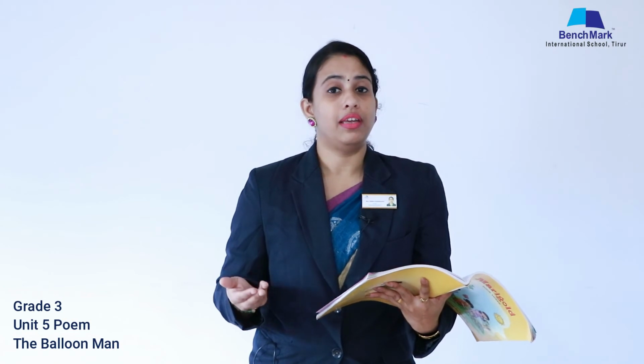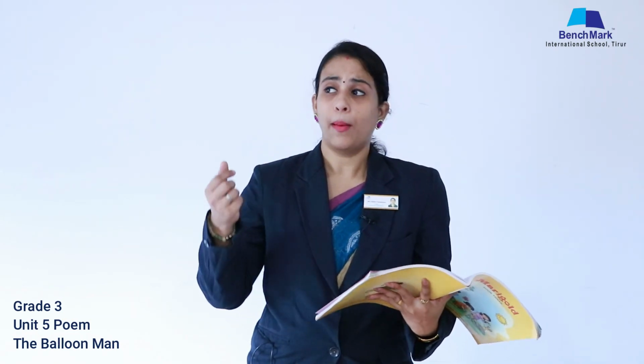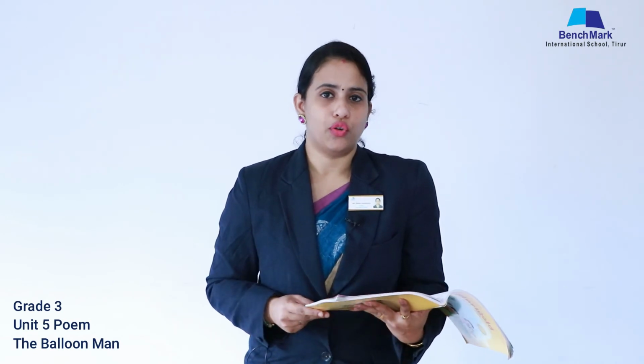So the girl and her friends are thinking that if the balloons are released in the sky, it will be very, very attractive and beautiful. So here ends the explanation.